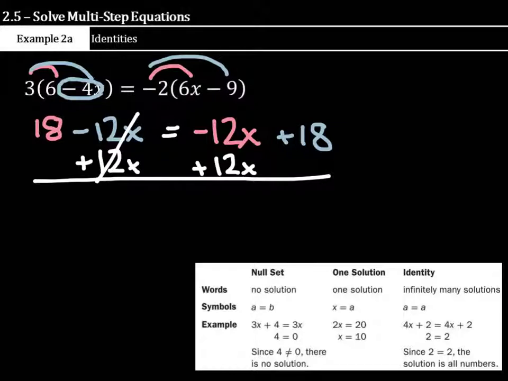It's weird because this cancels and this cancels, and we're left with 18 equals 18. Well, that's a fact. 18 equals 18. Where'd the variable go? It kind of just went away. So this is an example of the identity where we have infinitely many solutions, because no matter what you put in for x, you could put in 1 or 2 or 3 or negative 1, 2, 3, or any number you can possibly imagine, and you will get the left side equaling the right side.